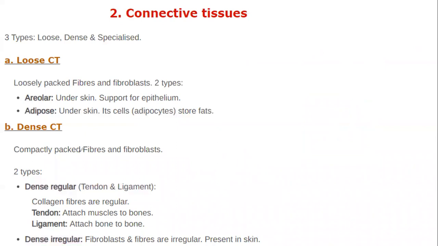Okay, then dense irregular connective tissue is also present in the skin. It has irregular patterns of fibers, fibroblasts and fibers, consisting of collagen fibers that are oriented differently. All these are about irregular dense connective tissue.